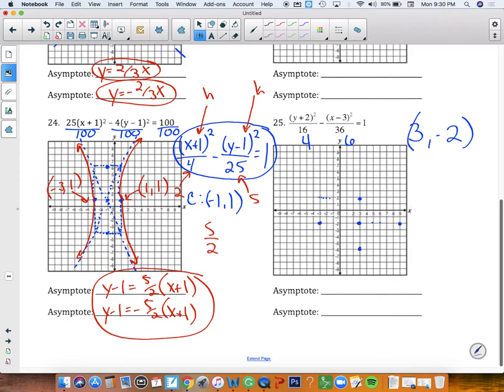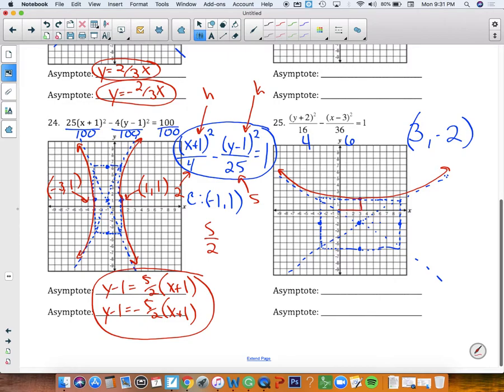We draw our box. Okay, and then diagonals or asymptotes out from the center. And it's a y equals, so it goes up and down. So my vertex is there, I go up and down, and we can just look and count to that point.